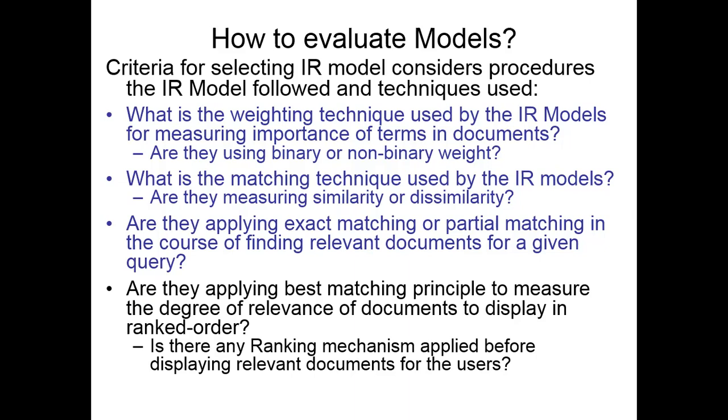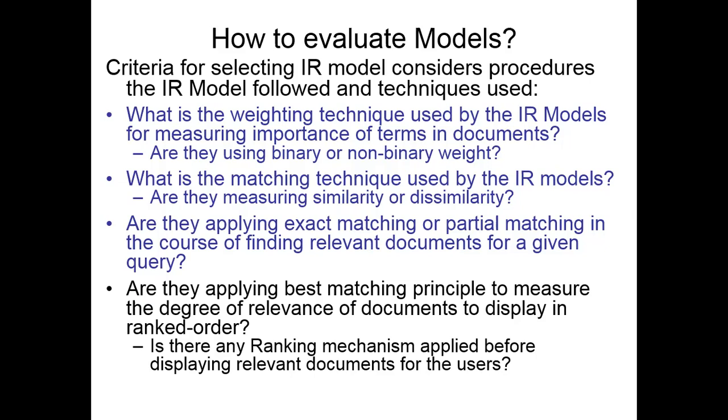In the worst case, a document containing one query term is less relevant than a document containing all the query terms. So we have to give the highest priority to a document containing all the query terms. So through sorting, we have to rank.